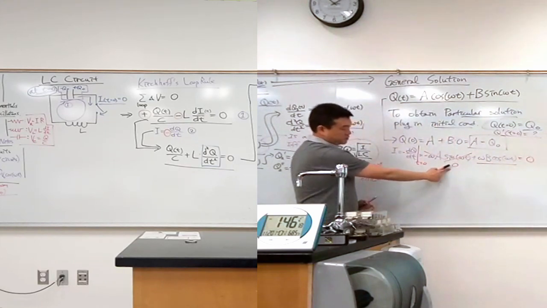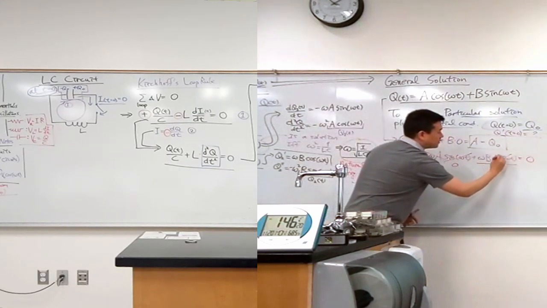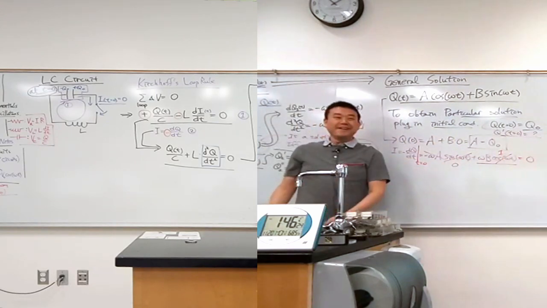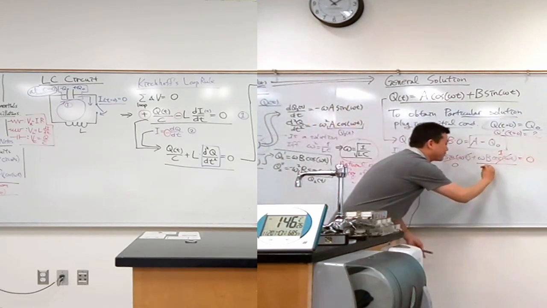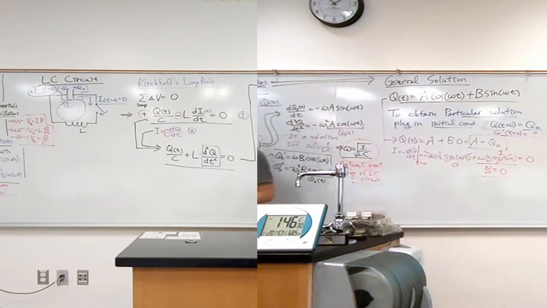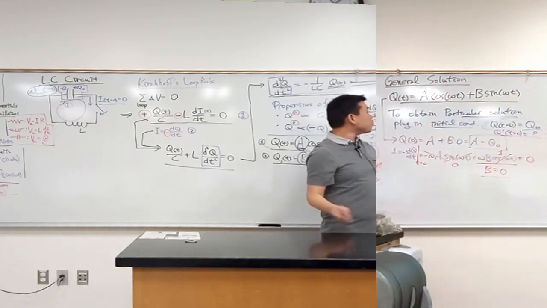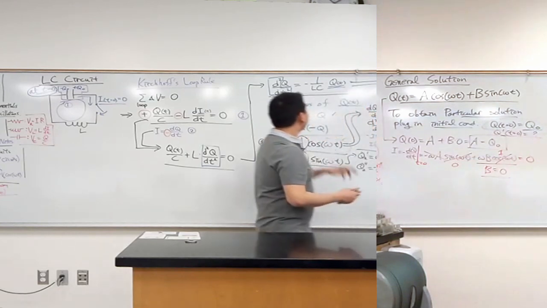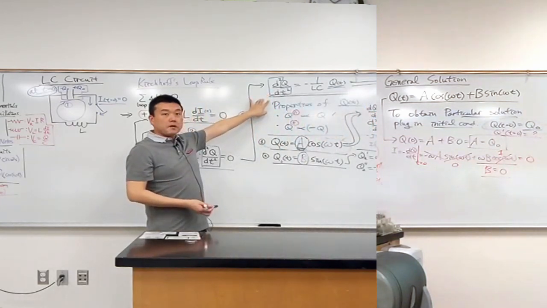I knew that already. And the second piece of information is here. At time equals 0, cosine of omega t is 1. So B is equal to 0. It's going through a lot of steps to figure out that B is equal to 0, which many of you might have guessed already. So this is the solution step that we go through to solve this second order differential equation.